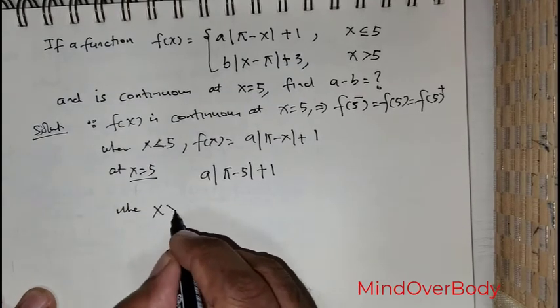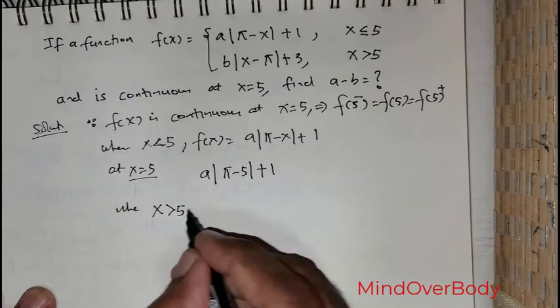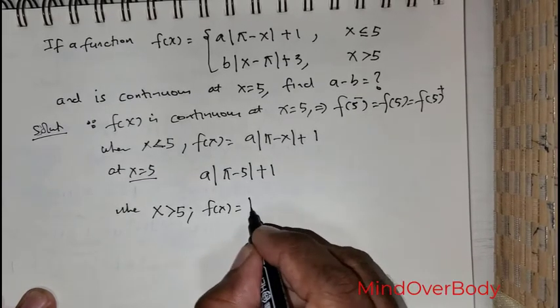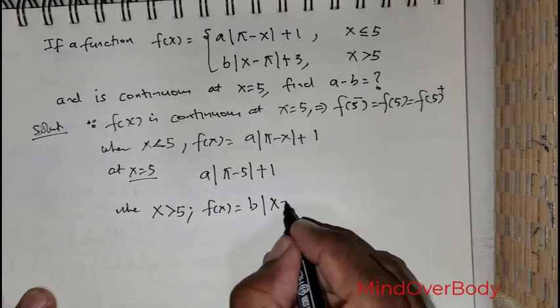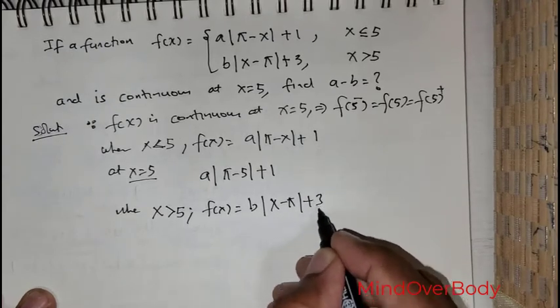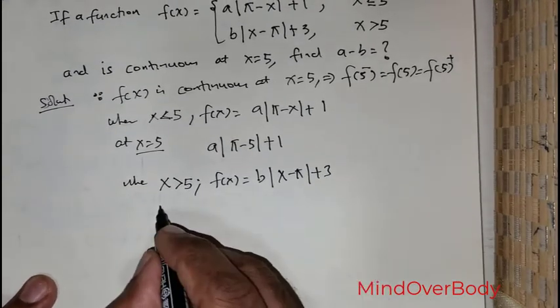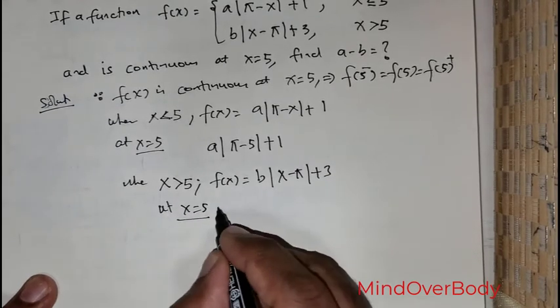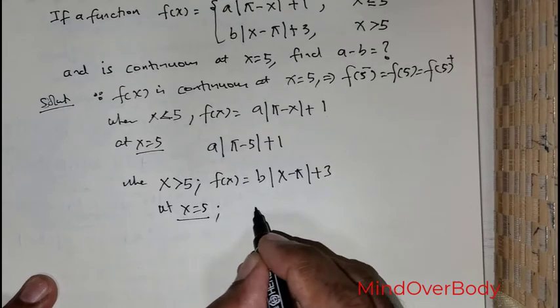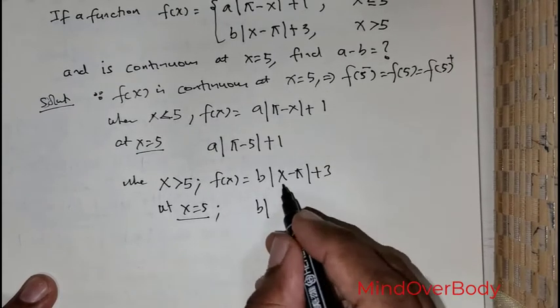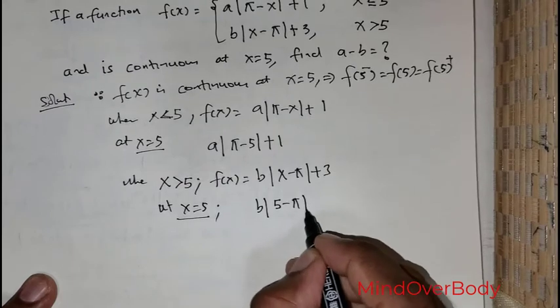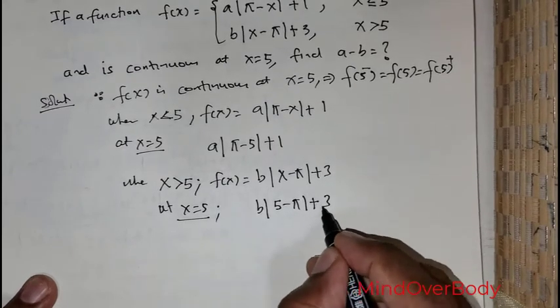Now when x is greater than 5, the function value is given to be b times (x − π) + 3. So I'm finding the limit here. At x = 5, I would have b times (5 − π) + 3.